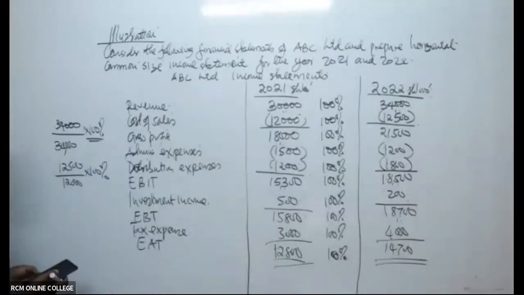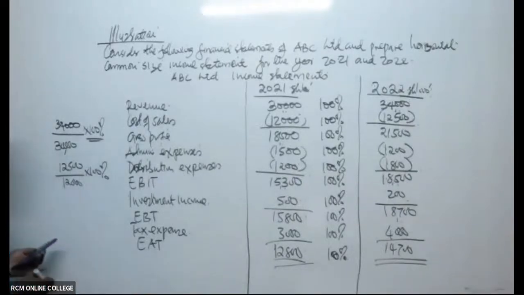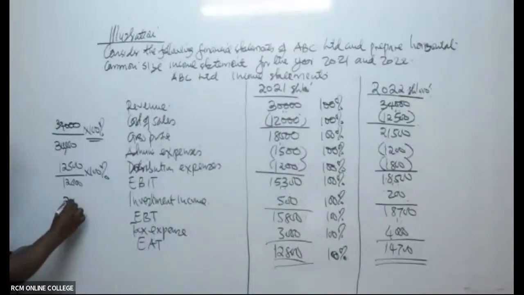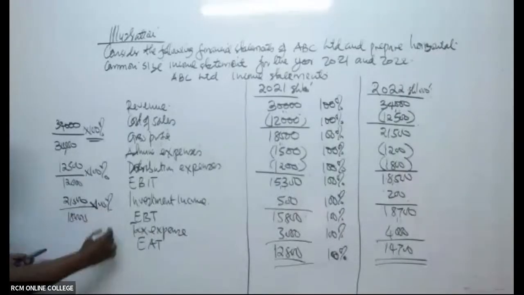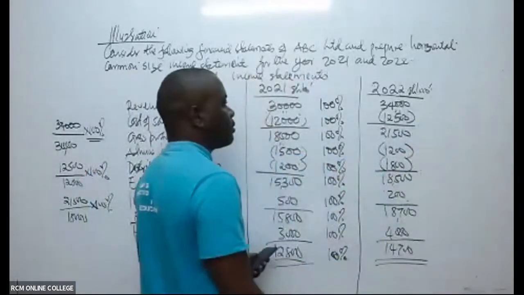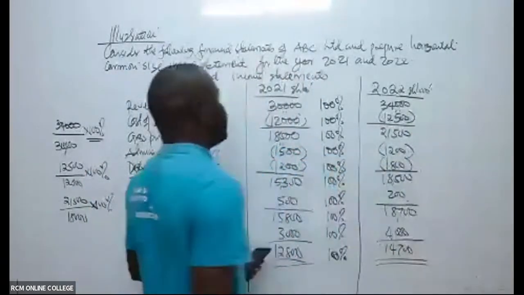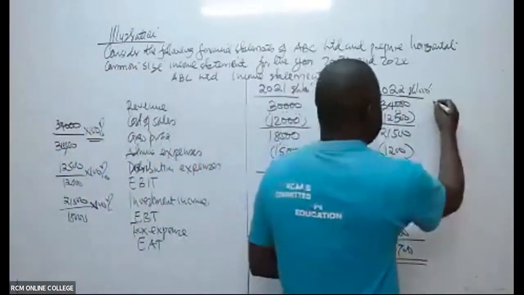The same case applies to gross profit. You can take 21,500 over 18,000, multiply by 100%. What are you getting as the percentage here for the first item? 113%.